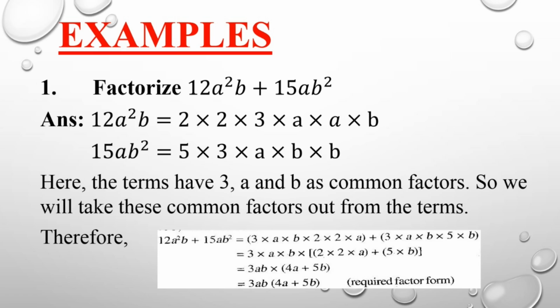Here I wrote 2 into 2 into 3 into a into b, but here it is written 3 into a into b into 2 into 2 into a. It doesn't matter. So we take 3ab out: 3 into a into b into (2 into 2 into a plus 5 into b). So the required form is 3ab into (4a plus 5b).